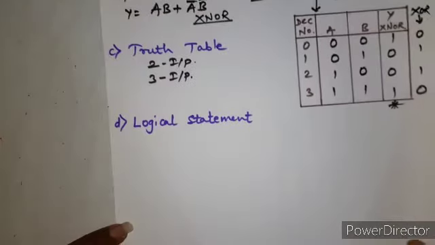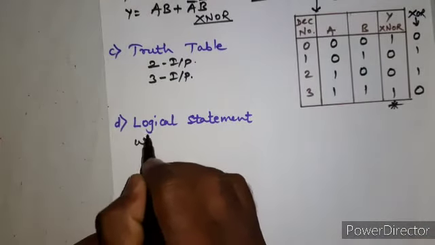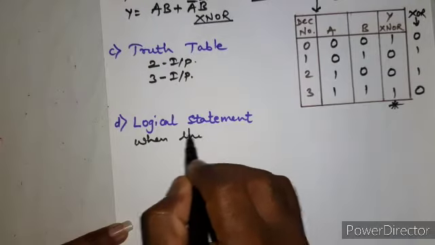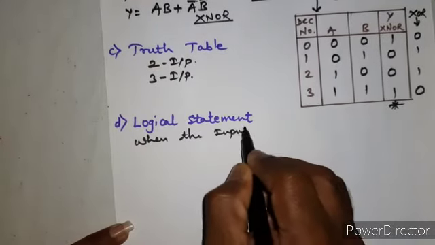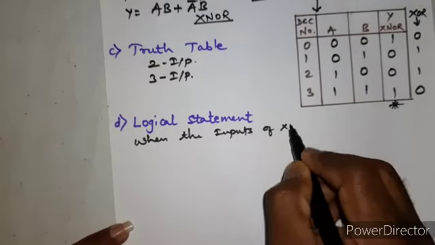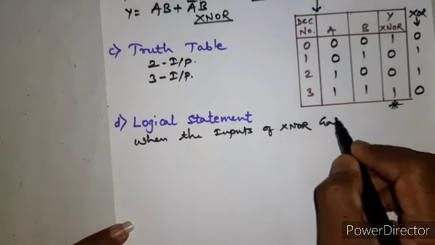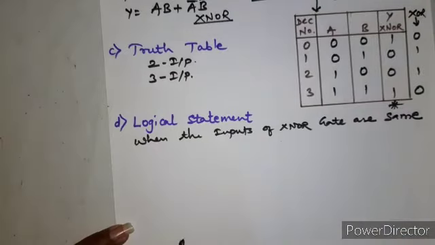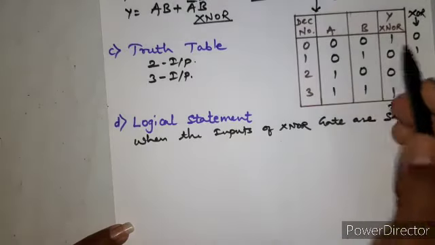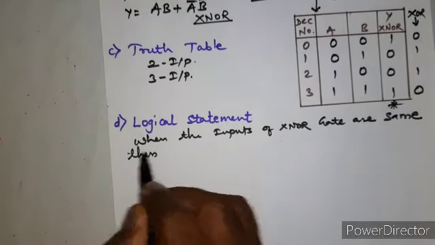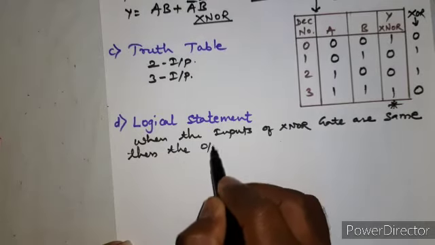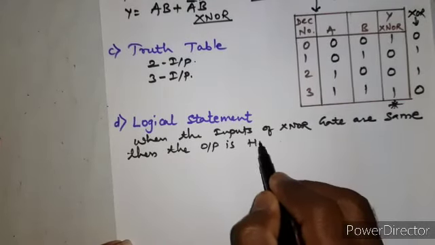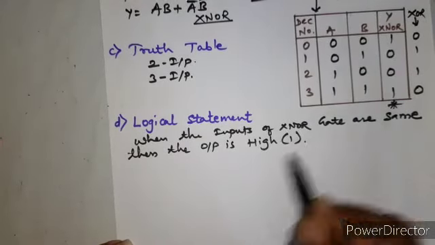Here we can write the statements also. When the inputs of the XNOR gate are the same, then the output is high, which is 1.